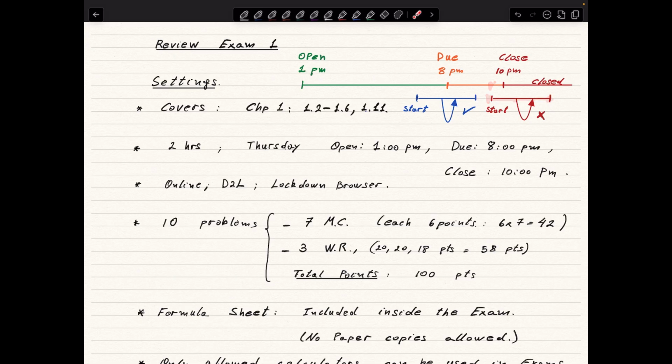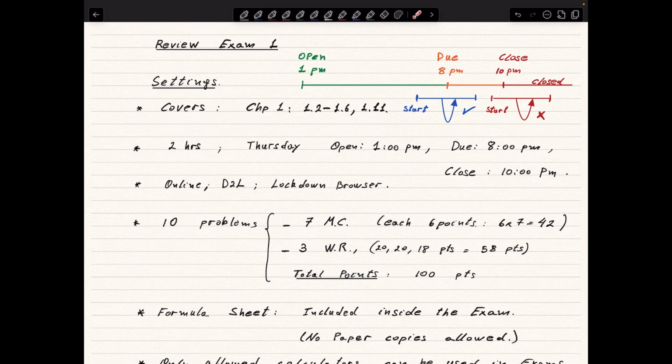But if you have any technical issue after 10 p.m. and for any technical reasons you need to quit the exam, your exam is still going to be running, but you are not going to be able to get back into the exam after 10 p.m. because the exam is already closed. So essentially your exam is going to end here when the glitch happens. So to avoid that, please start the exam before it's due at 8 p.m.